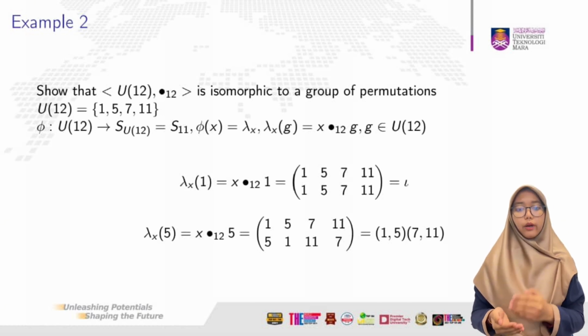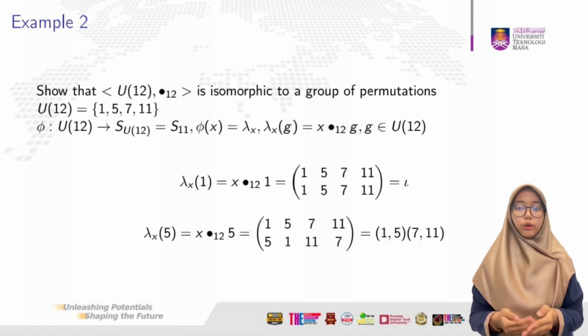Phi from U12 into the symmetric group of U12, where phi(x) equals lambda x, and lambda x(g) equals x multiplication modulo 12 g, with g an element of U12. Lambda x1 equals x multiplication modulo 12 1, and we will get iota.